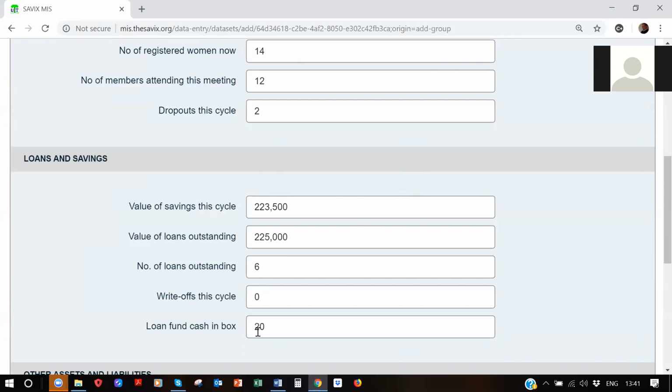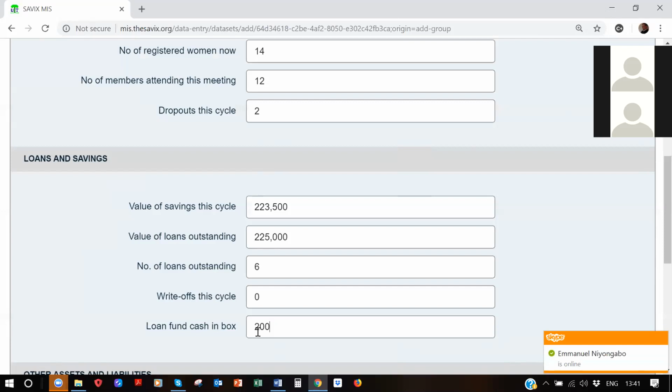Now, an interesting question here. We have savings of 223, but we have loans of 225. Is that possible? How is it possible that we have loans which are more valuable than savings? What do you think? Where did that extra money come from?